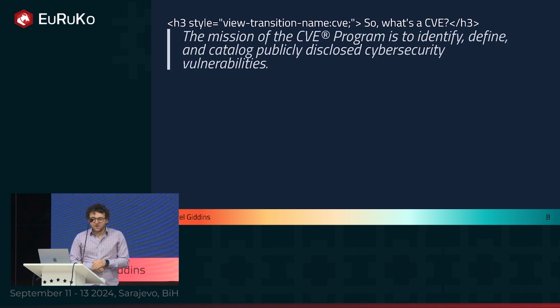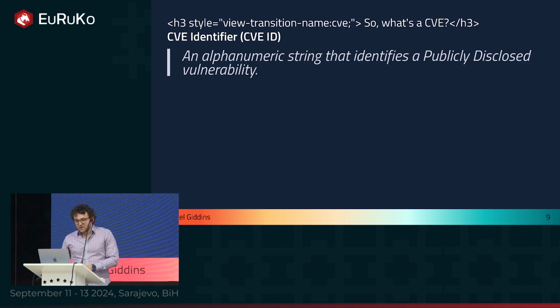Now I'm going to quote a bit from MITRE's overly serious website about what CVEs are. What's a CVE? Well, the mission of the CVE registered mark program is to identify, define, and catalog publicly disclosed cybersecurity vulnerabilities. That was written by someone who is a marketer. There are also these things called CVE identifiers, which is an alphanumeric string that identifies a publicly disclosed vulnerability.